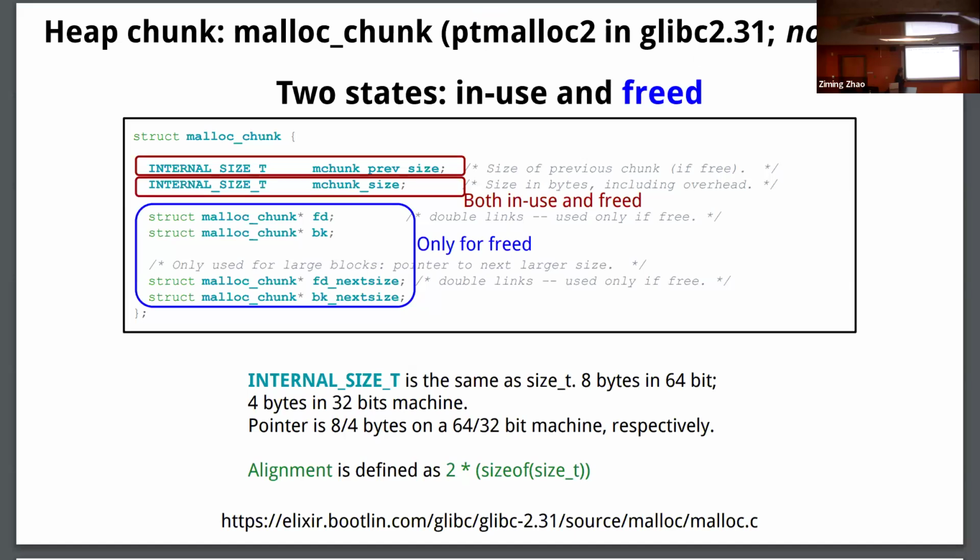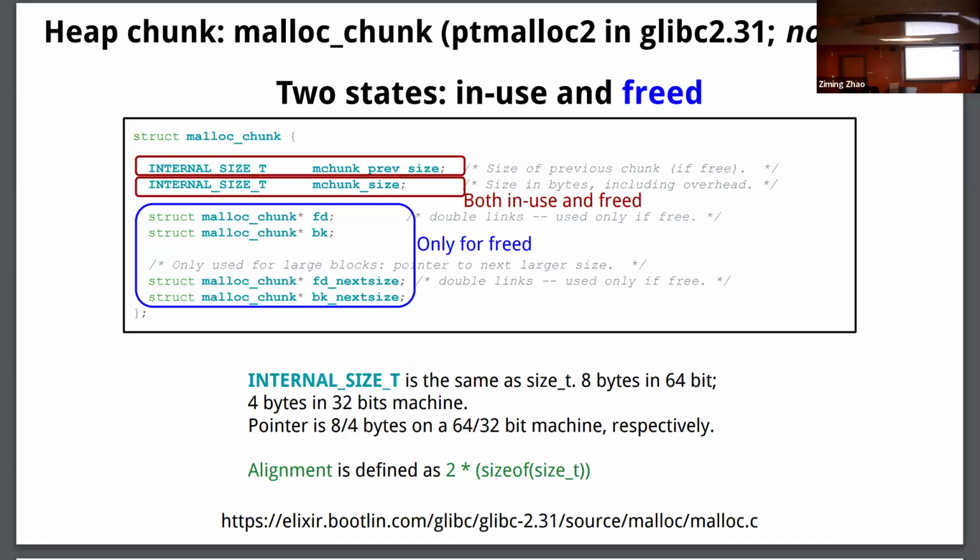Now we are going into the very complicated stuff. The first concept or data structure we will learn is this malloc chunk data structure. It is a data structure to store the data and also to represent the memory chunk that stores your data. There are many different versions of this.